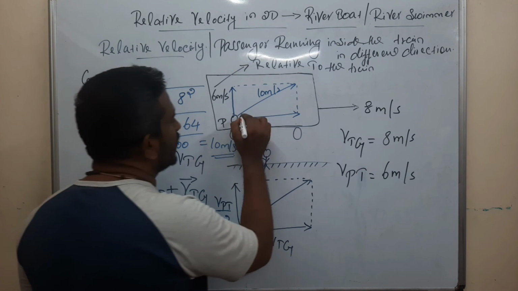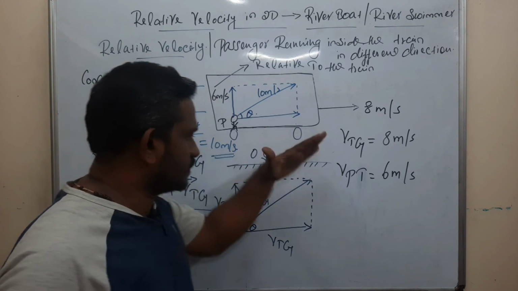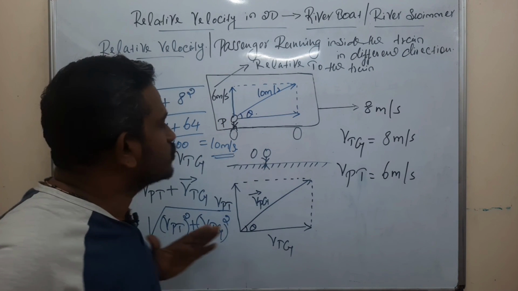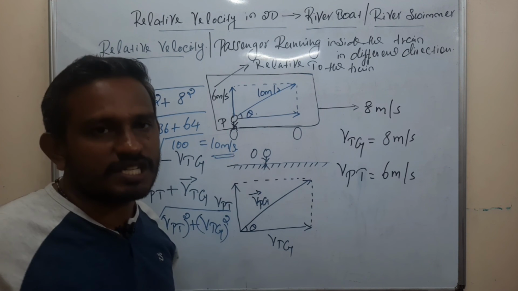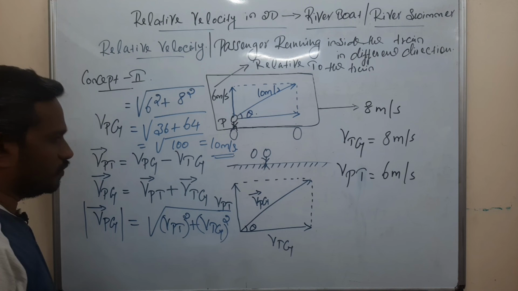Let theta be the angle. In what direction is the passenger moving, according to this observer, when the train is moving horizontally? What is the formula?